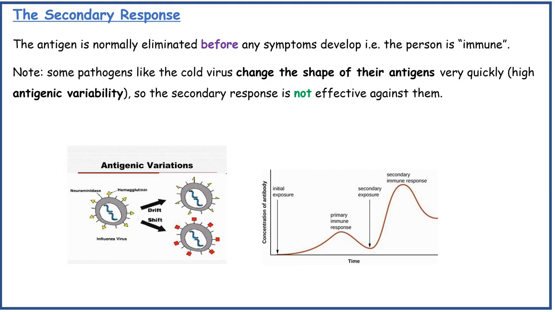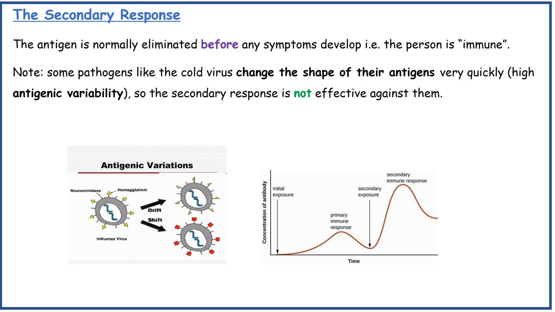So the secondary response is not effective against them. So things like the flu vaccine have to be taken every year because they mutate and therefore the antigens change shape. Therefore, our antibodies, or the B cells, don't recognize that particular antigen.